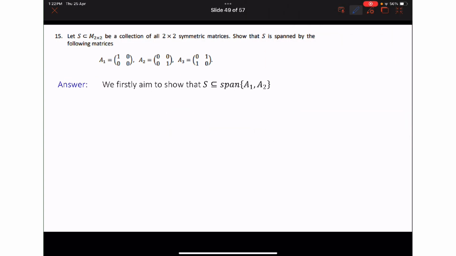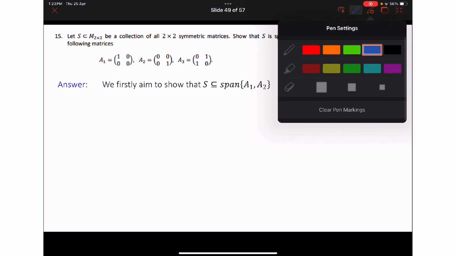Let us firstly prove that S is a subset of span A1, A2, and A3.